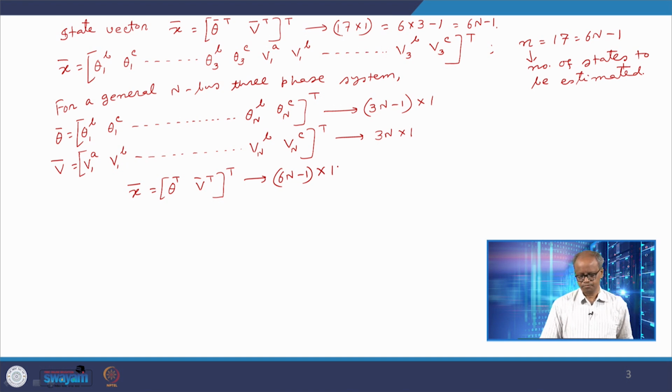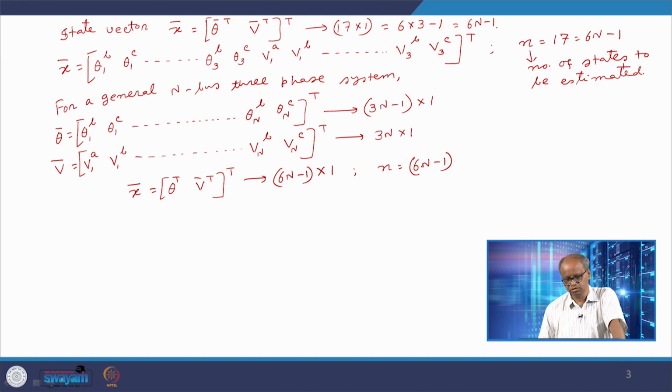So my n here is always 6n minus 1. My number of states is 6n minus 1, and these are the states to be estimated. Suppose capital N is 100, then my number of states becomes 599.